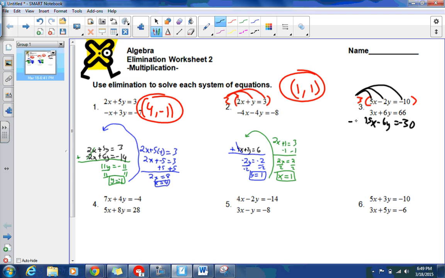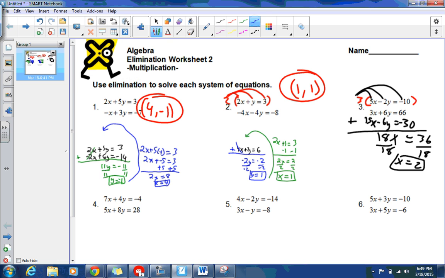When we combine these by addition, we have 18x, the y's cancel out, and that equals 36. When you divide both sides by 18, I can do that one in my head. You get x equals 2.